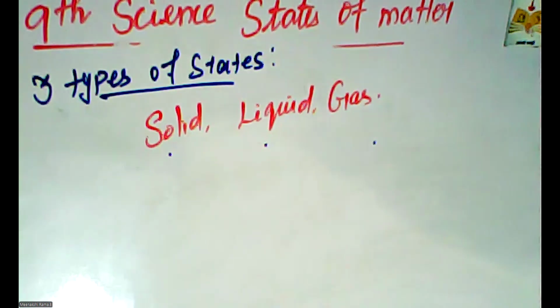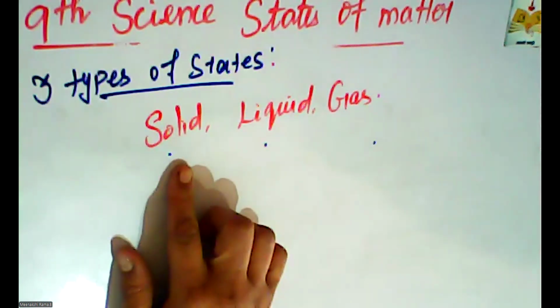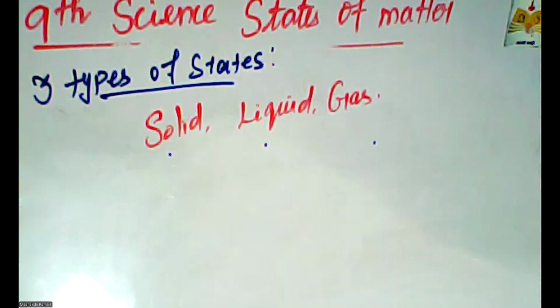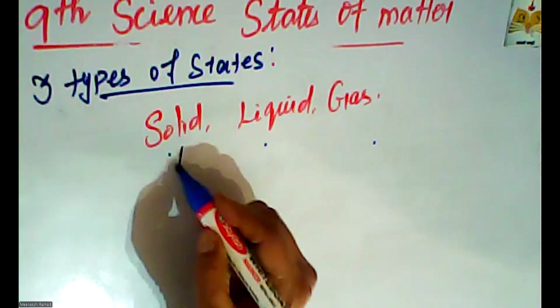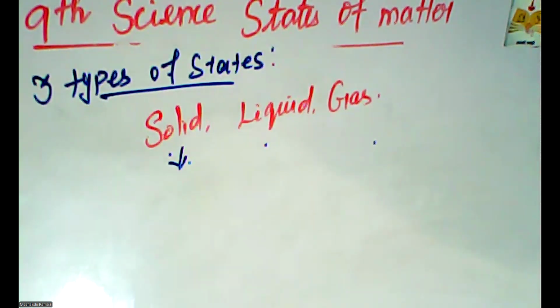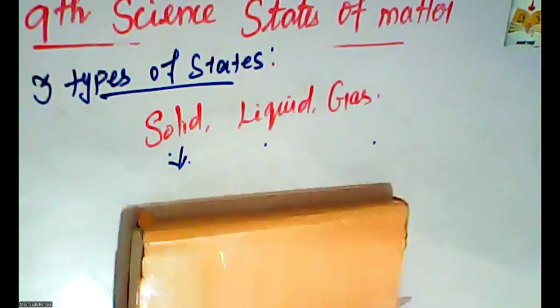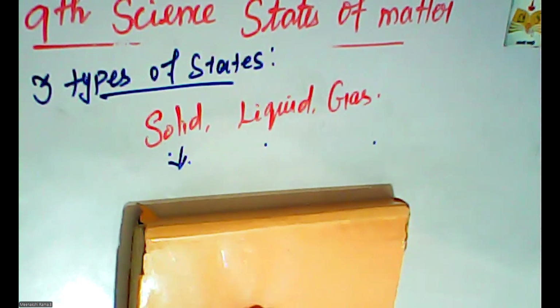Now we are going to learn how they are made up and the properties of these three states. First, let us see the solid materials. What are solid materials? This is a book.